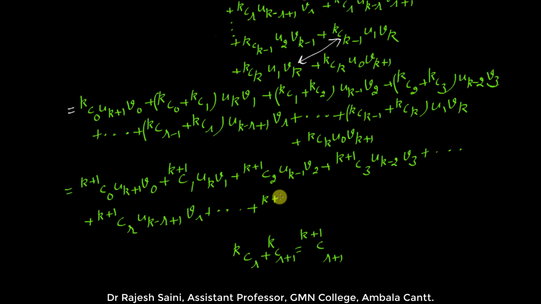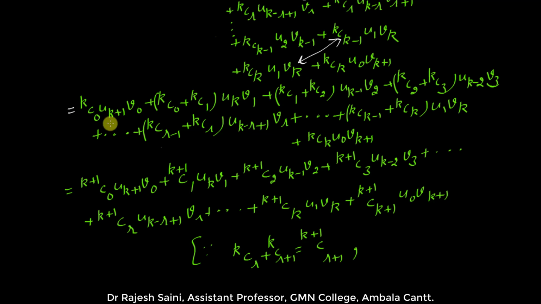Plus (k+1)Ck u1 vk, plus, and this can be written as (k+1)C(k+1) u naught v(k+1).